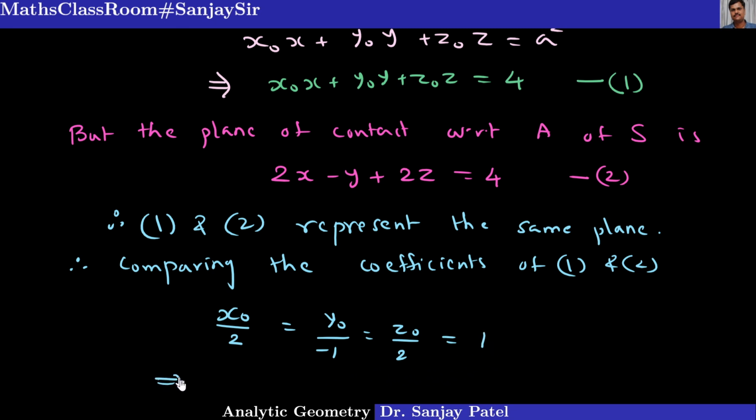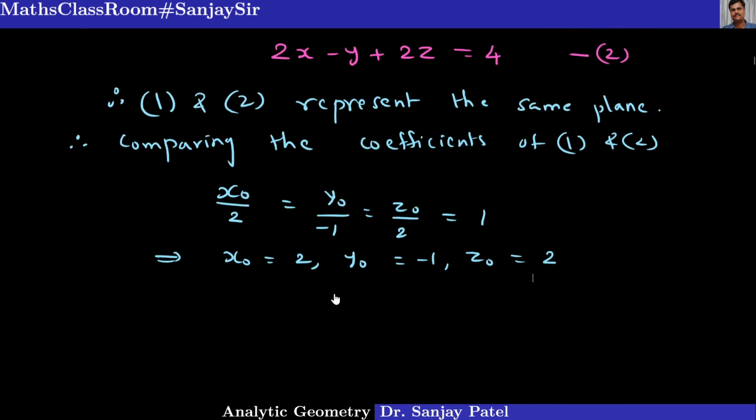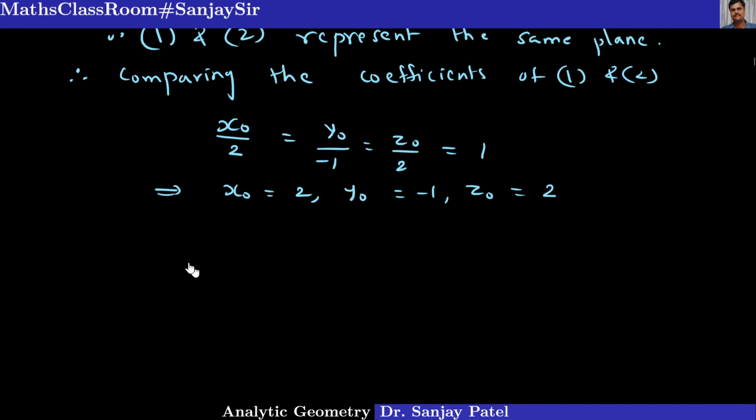So that gives you x0 is equal to 2, y0 is equal to minus 1, and z0 is equal to 2.